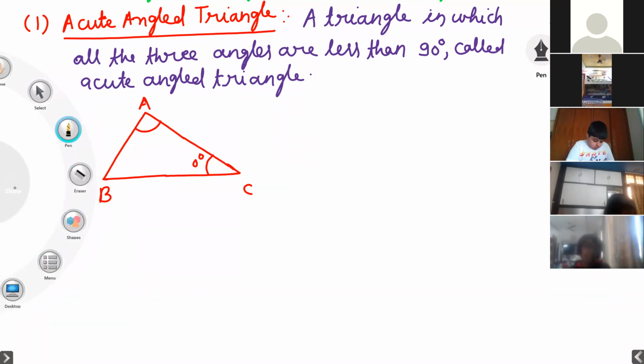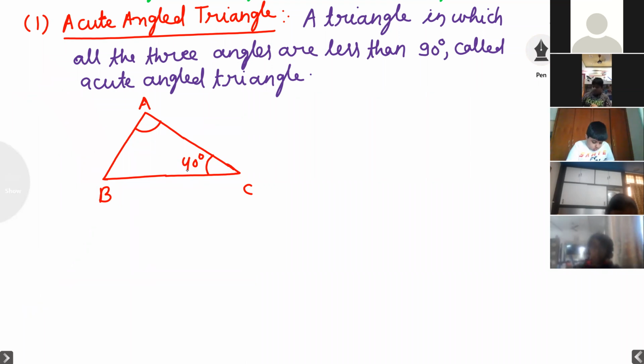This angle is 40 degree. This angle is 80 degree. Are you observing, students? Each and every angle is less than 90 degree, that is called acute angle triangle.